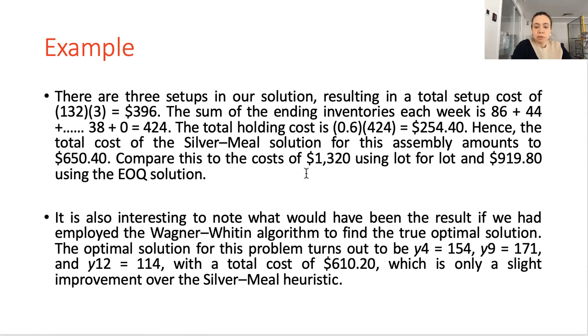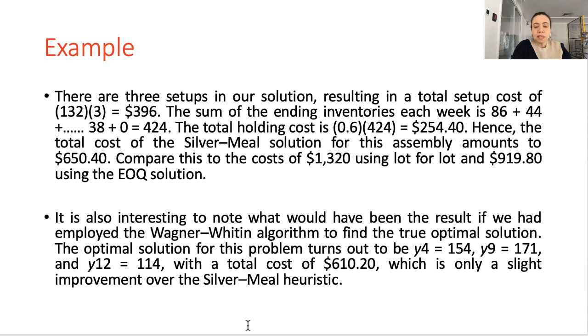The total cost when we used the lot-for-lot production plan was $1,320, and when we used the EOQ model, it was $919.8. So we see that there is a really good improvement in the total cost when we use the Silver-Meal methodology.